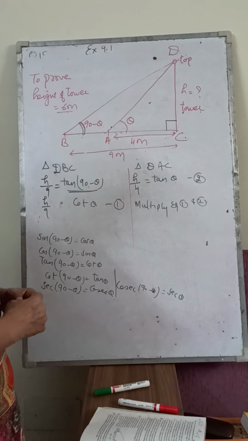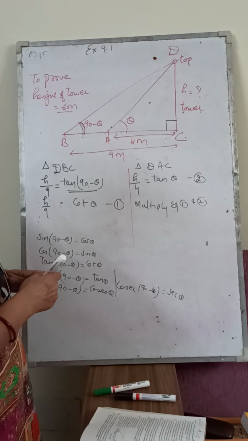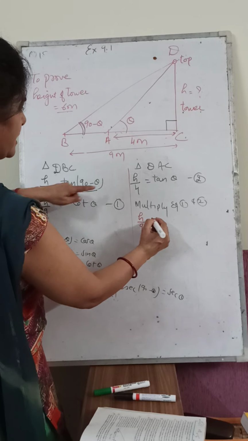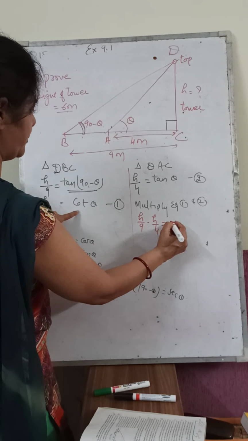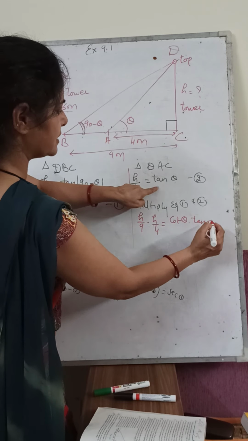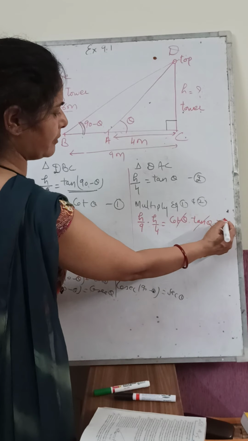When we multiply left hand side with left hand side and right hand side with right hand side, h upon 9 into h upon 4 is equal to cot theta into tan theta. Cot theta is 1 by tan theta, cut, it comes out to be 1.